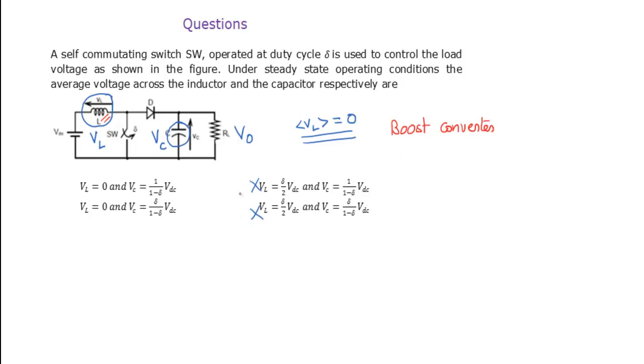In case of boost converter, what's the V average? V average is nothing but VDC divided by 1 minus delta. So now look at these two things. This is actually not for the boost converter, this is for the buck boost converter. That's why this is the answer.